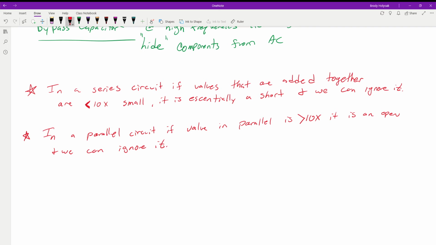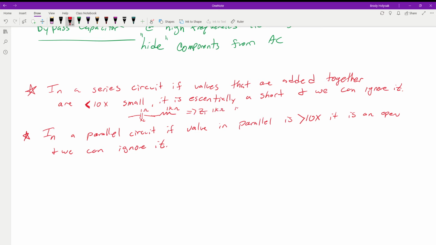For example, like I said with the series one, if we had a 1 ohm XC value and a 1 kilo ohm resistor value, what this is going to equal as our total impedance is 1,000 ohms.